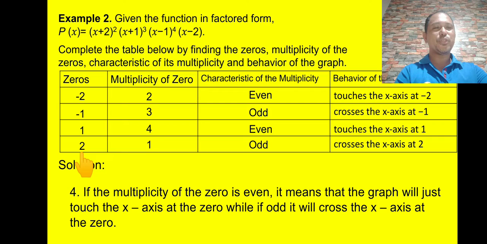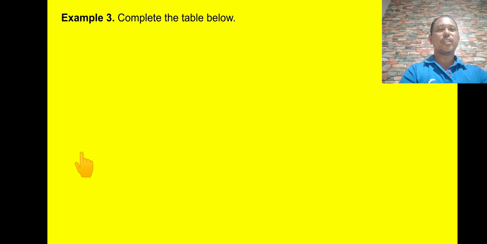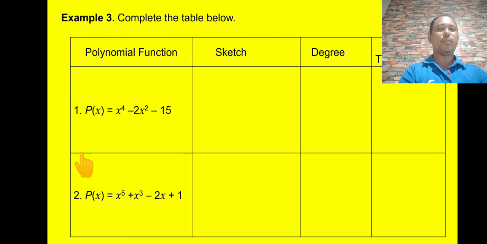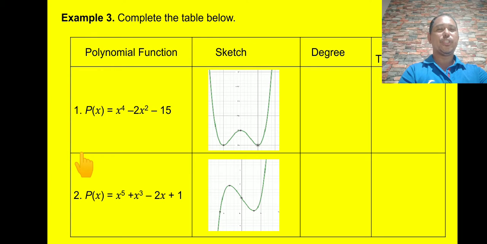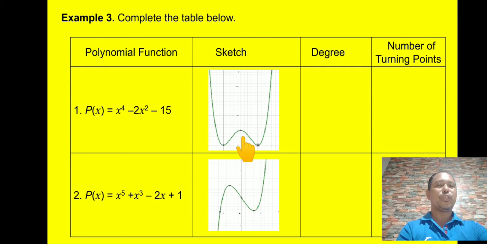Okay, so we proceed to example number 3. Complete the table. So here is the given, the polynomial function and the sketch. All you have to do is to determine the degree and number of turning points. This is very simple to determine the degree, the highest point, which is 4. And the turning points, we count 1, then 2, then 3.